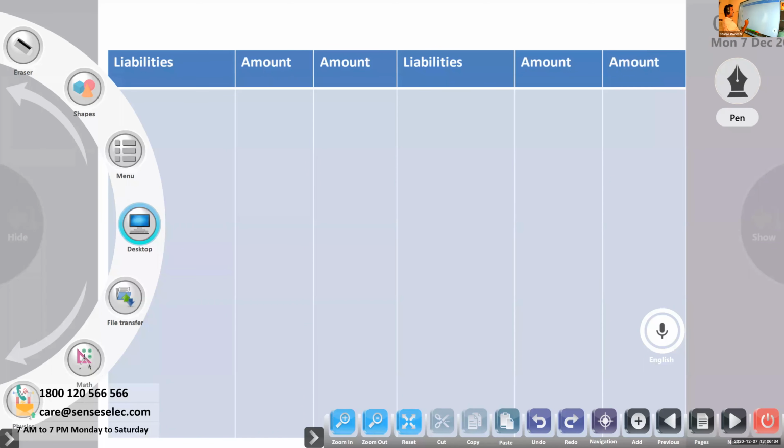Closing capital. So here adjustment is there. First we will write profit before adjustments. Closing capital 3,50,000.